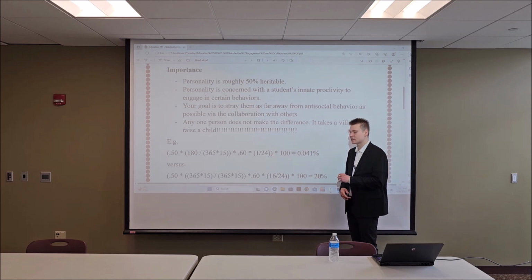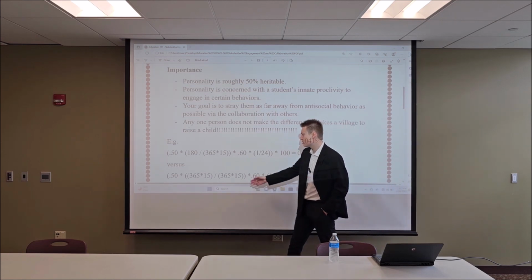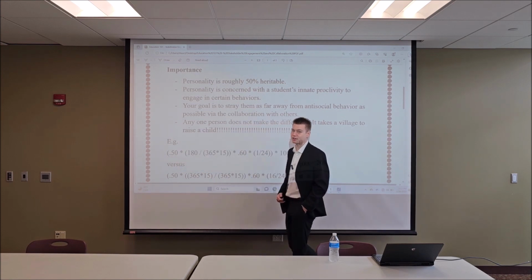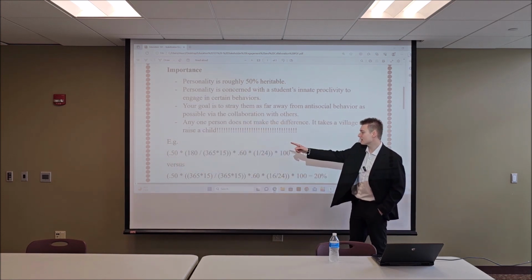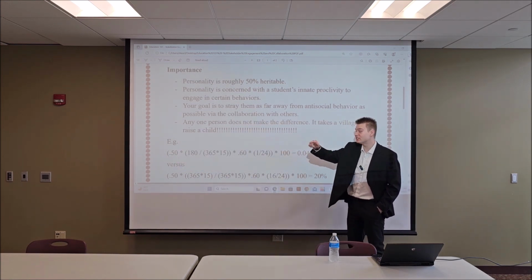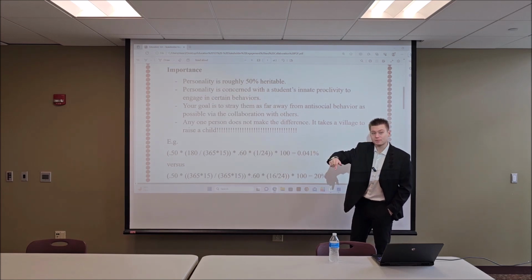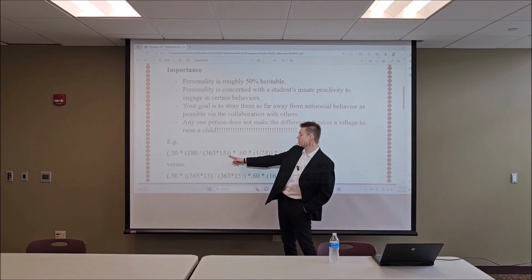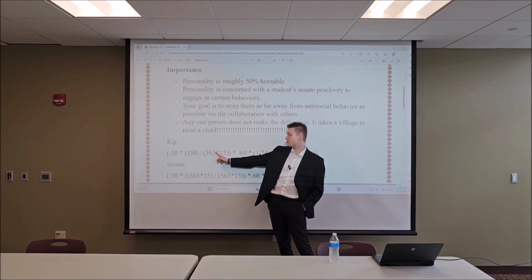You can't just pick whatever you want. So you start off with 50% heritable, so you do 0.5, making it a decimal. Then you multiply that by the number of days you're with the student out of the amount of time that the student has been alive. If the student is 15 years old, you take 15 times 365, and that's the number of days they've been alive.